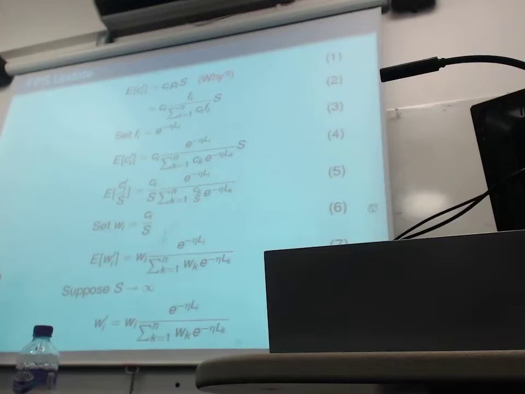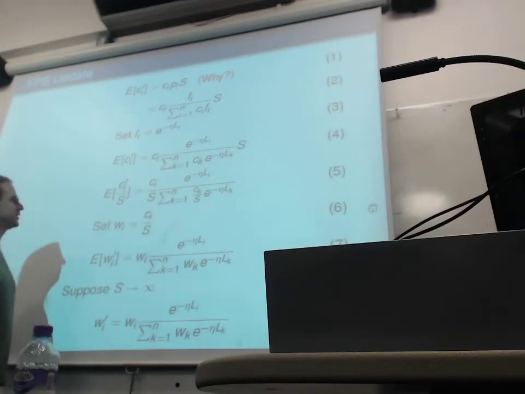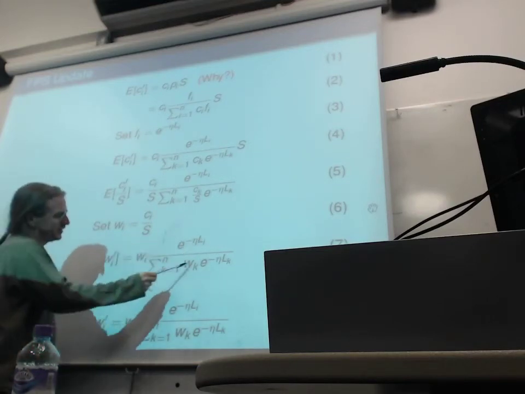Now suppose we divide both sides by S. Ci divided by S is this, with the S on the other side. We then define Wi to be Ci divided by S, and substituting in, we get the expected value of Wi to be Wi times e to the eta li, this.